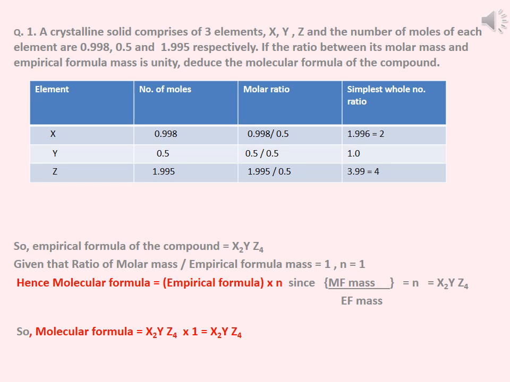Molecular formula mass by empirical formula mass is equal to n, and that n is equal to 1. Hence, the molecular formula of the compound is its empirical formula into n, which is 1. n is 1 here. Therefore, the molecular formula would be the same as its empirical formula, X2YZ4.